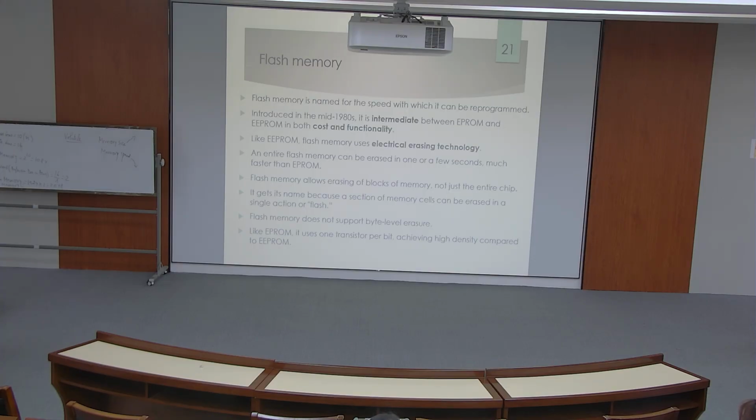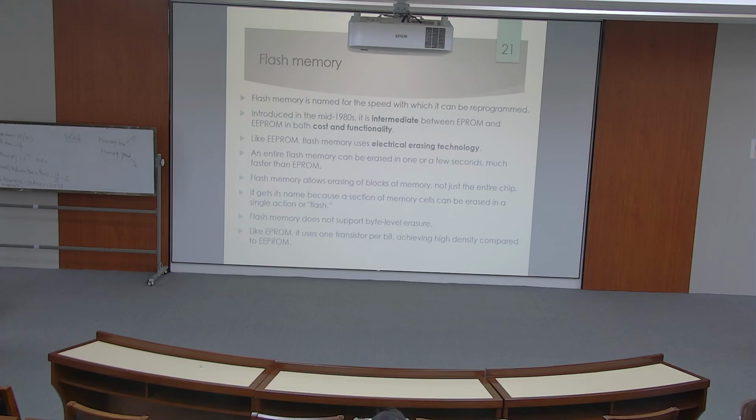The next type of memory is the flash memory. The flash memory is named for its speed. It can be reprogrammed quickly, and this type of memory was introduced in the 1980s. It is like an intermediate memory between EPROM and EEPROM in both cost and functionality. The entire flash memory can be erased in one or a few seconds.